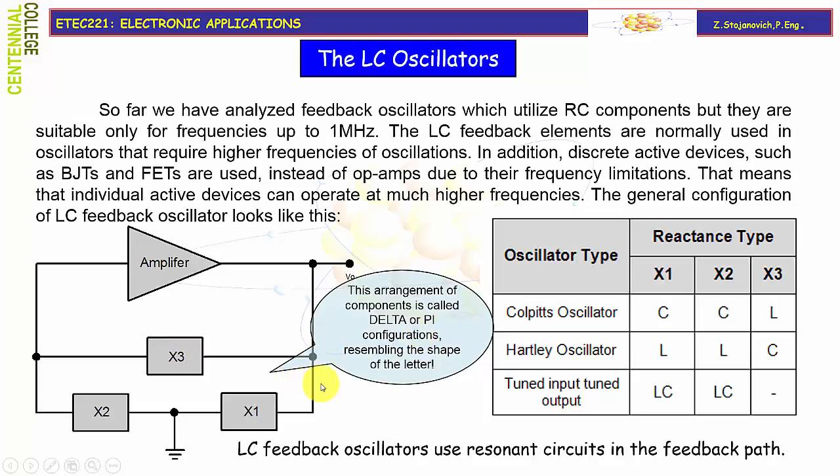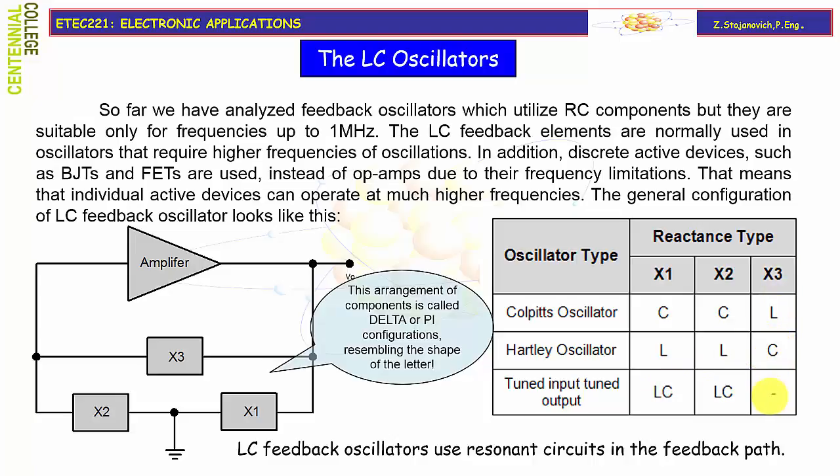Now, depending on the type of those reactances, we can distinguish several different oscillators. For instance, if X1 is a capacitor, X2 a capacitor, and X3 an inductor, we call this a Colpitts oscillator. A Hartley oscillator will have X1 as inductance, X2 as inductance as well, and X3 will be a capacitance.